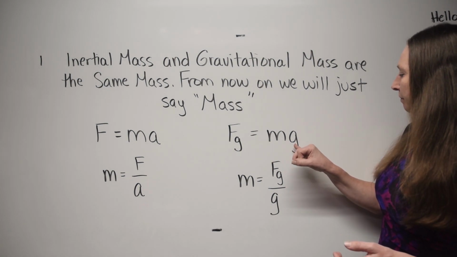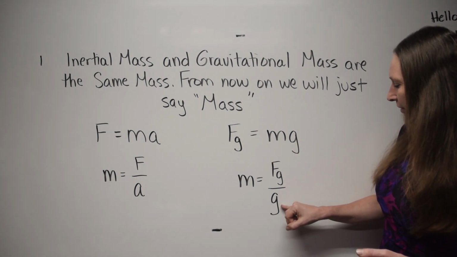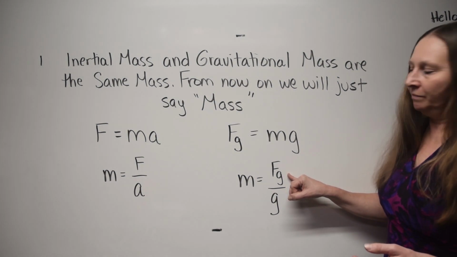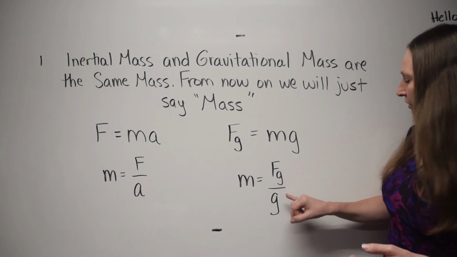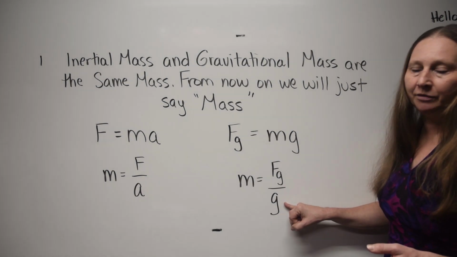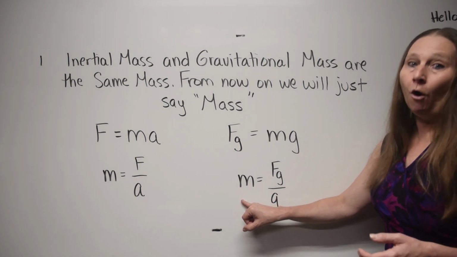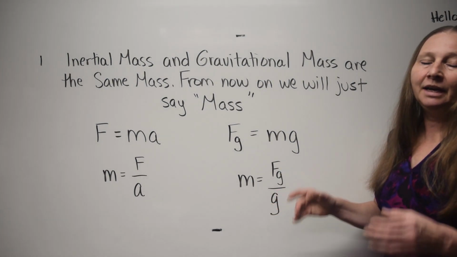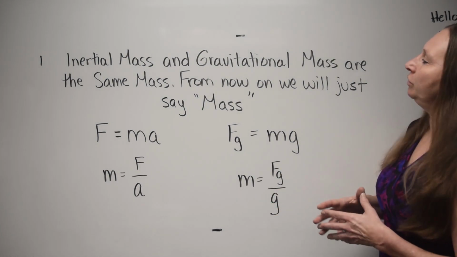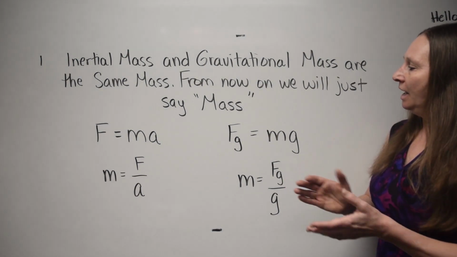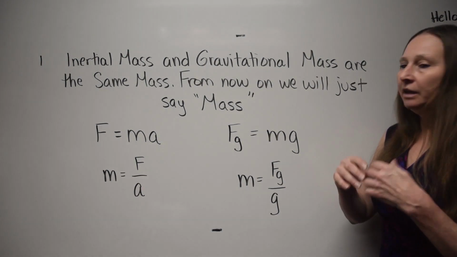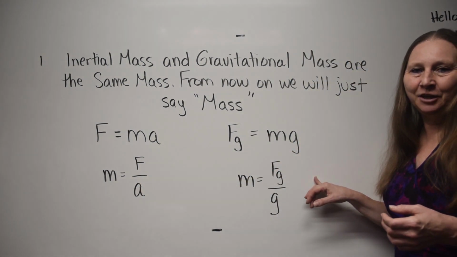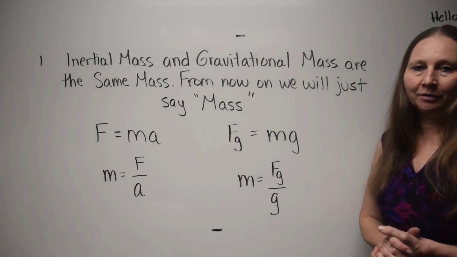Take the acceleration due to gravity of the Earth, and the weight of the object, Fg. Take the weight of the object, divide by the acceleration due to gravity of the Earth, you're still going to get 4 kilograms. So you see, it doesn't really matter whether you think of mass as being calculated inertially or gravitationally. You're going to get the same number.